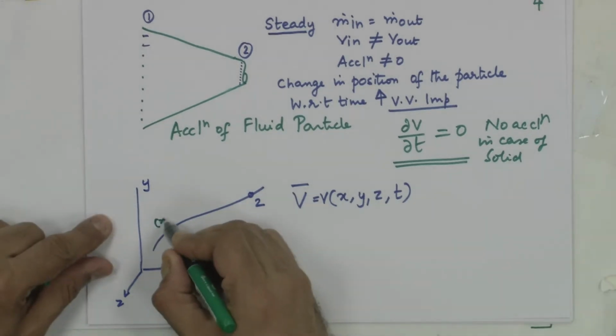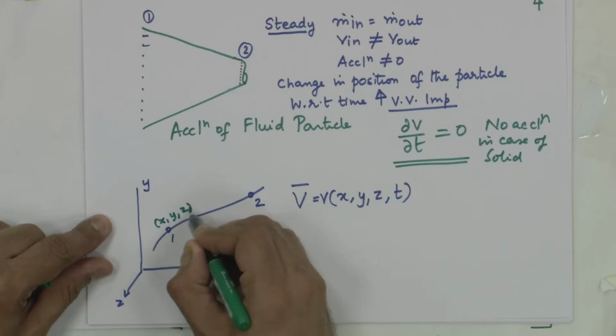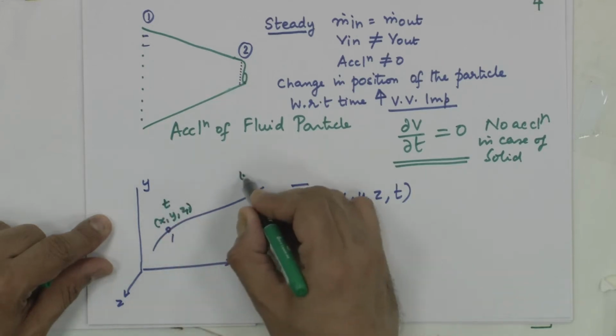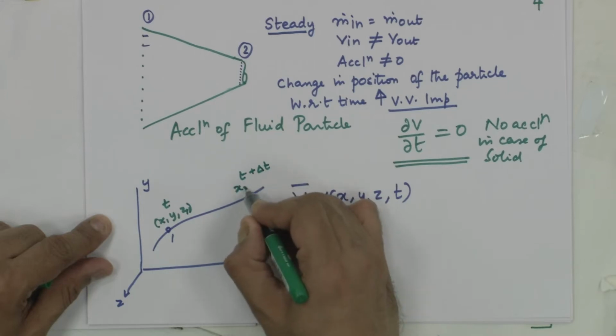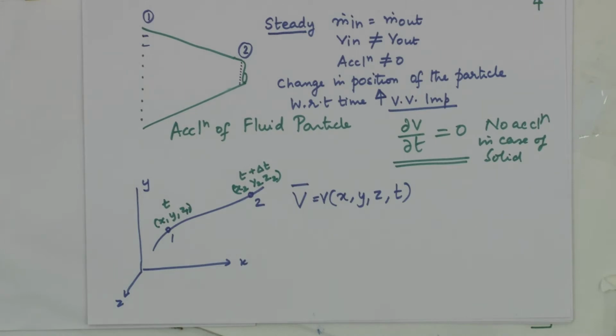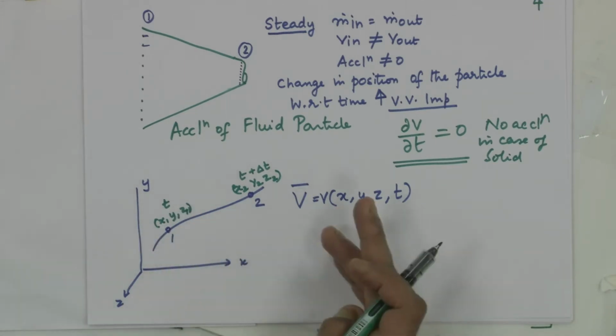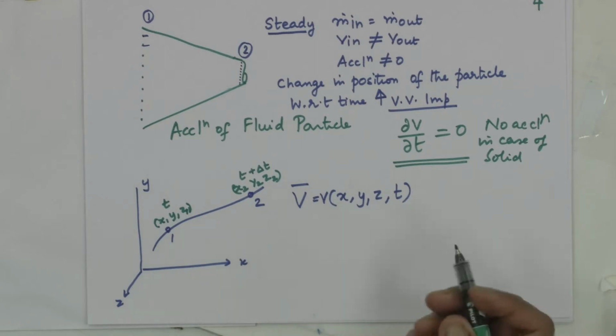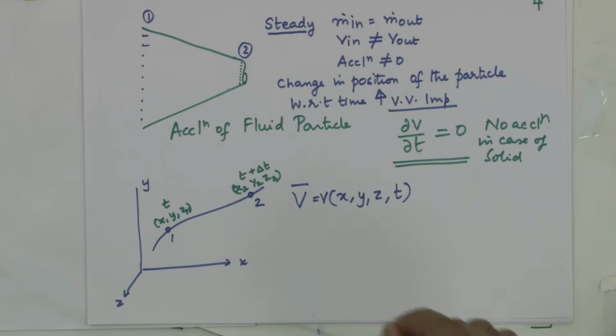This could be x1, y1, z1 at time t, and at t plus delta t, this could be x2, y2 and z2. Not necessarily in the yz plane or the xz plane or the xy plane. Imagine it in 3 dimensions. You can give the example of the classroom. You have a particle at the corner there, and it is moving in a very random direction. So, each coordinate x, y, z is going to change with respect to time.